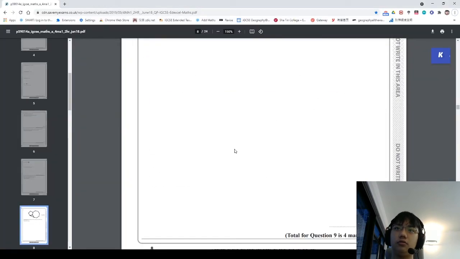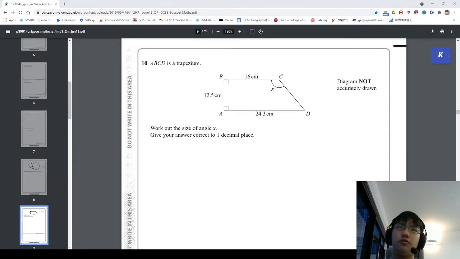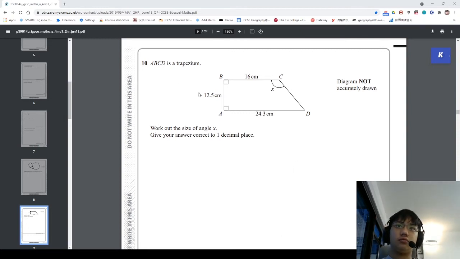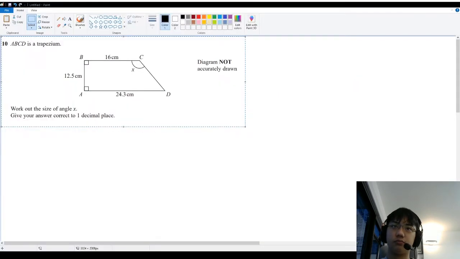For question 10, ABCD is a trapezium. So you have a trapezium with given lengths here. And we need to work out the size of angle X correct to 1 decimal place. So first of all, we can split this trapezium into a rectangle and a right angled triangle.